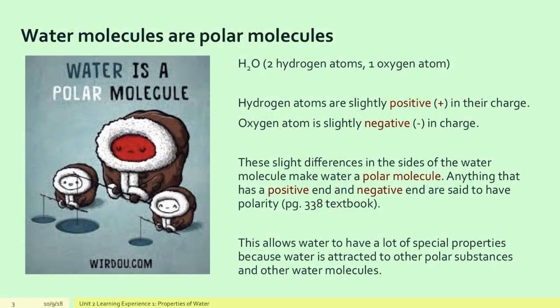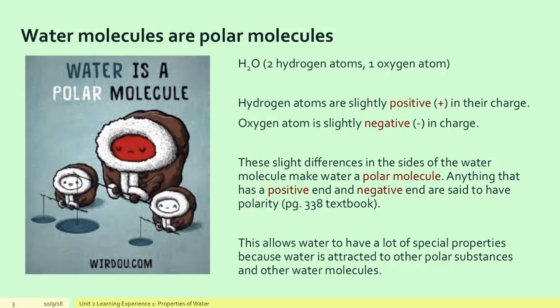Now, those hydrogen and oxygen atoms, the reason they are stuck together is, if you remember when we were talking about types of bonds that atoms form, because there's a difference in charges. Hydrogen atoms are slightly positive in their charge while an oxygen atom is slightly negative, and they actually form a covalent bond where they share those electrons. Because there are slight differences in the sides of the water molecule, we call this a polar molecule.